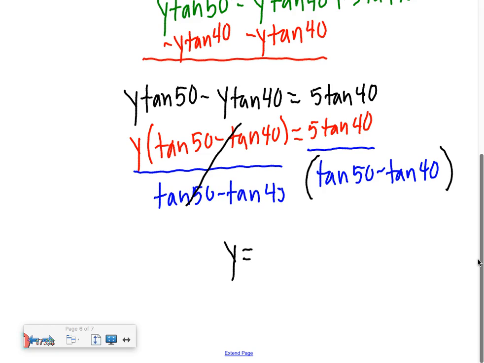Yes, you should get 11.89, 11.9. Okay, you guys help them.